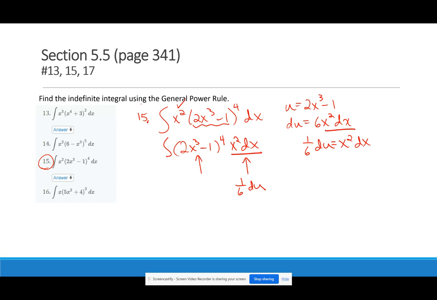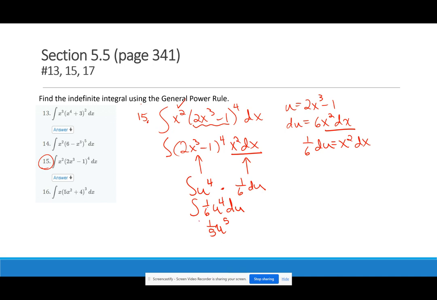In place of this, I'm going to put the u to the fourth power and rewrite the problem so I could just use the general power rule. Okay. So I'm trying to integrate 1/6 u to the fourth du. Okay. So my new exponent would have to be a 5. So I need a 1/5 out in front.